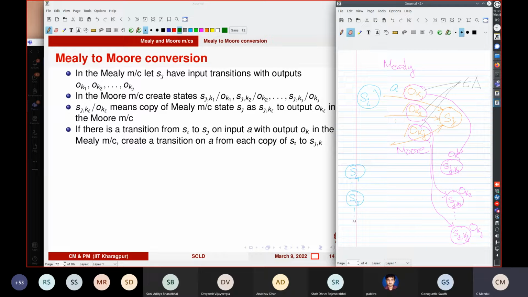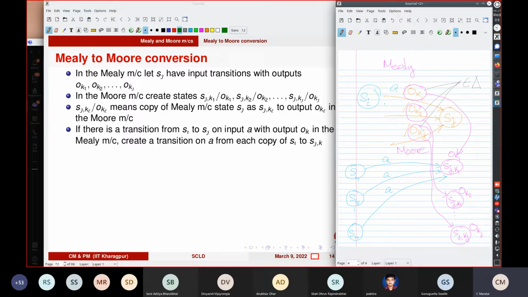So on A, it will come to OK1. All the new states corresponding to SI will make a transition on A to OK1. All of these will make a transition.